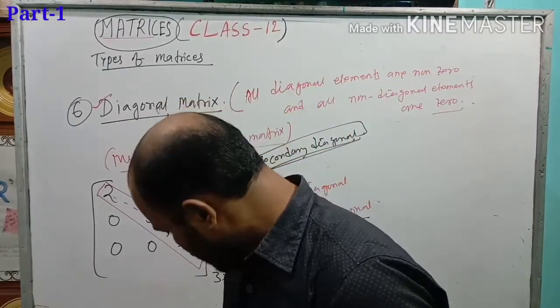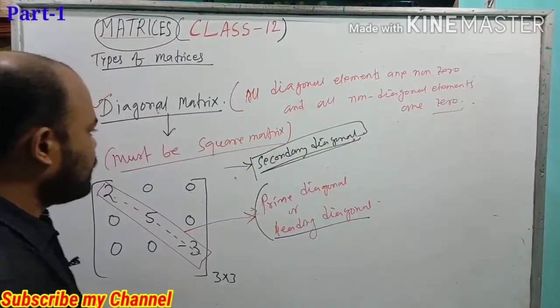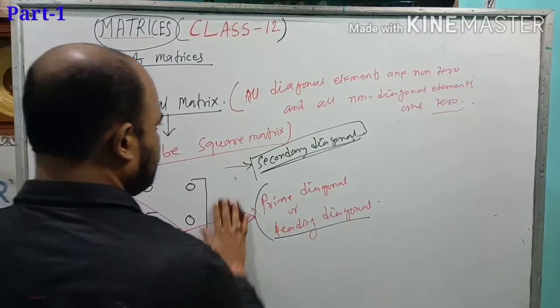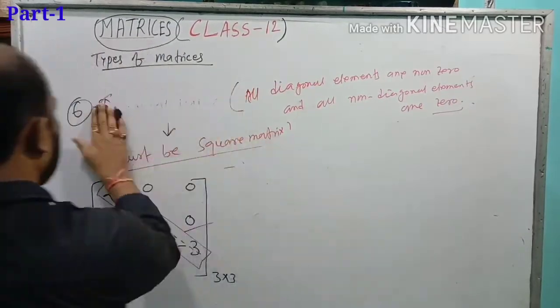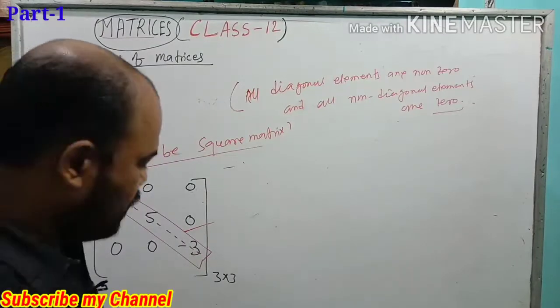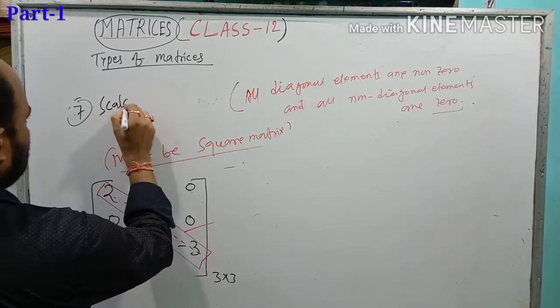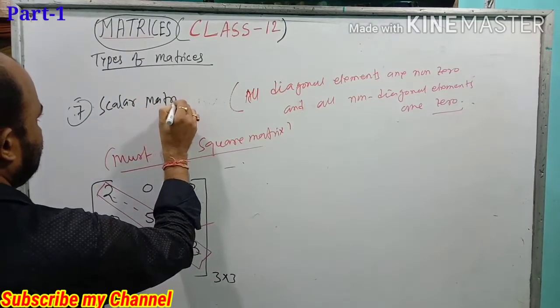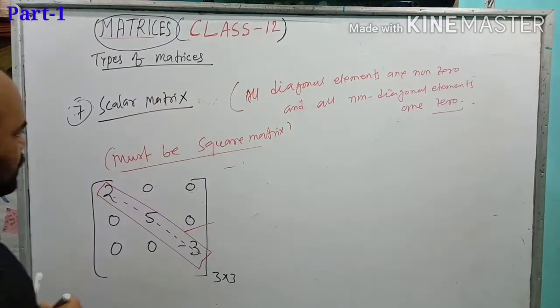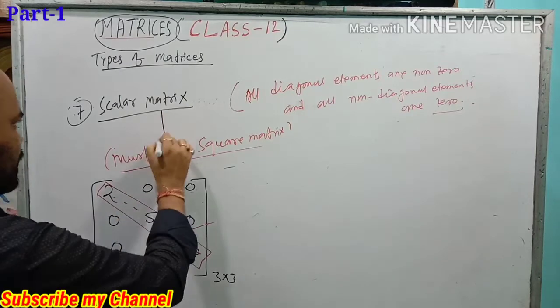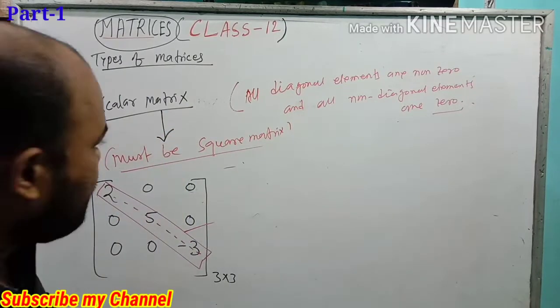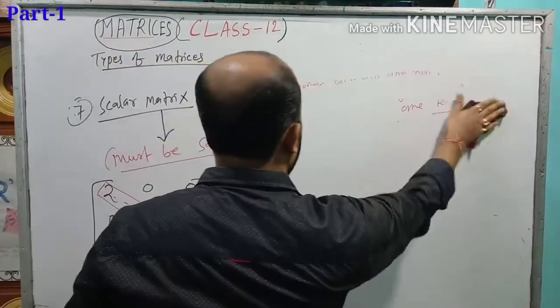Then the next type of matrix is the scalar matrix. Here also, to be a scalar matrix, the matrix must be a square matrix.